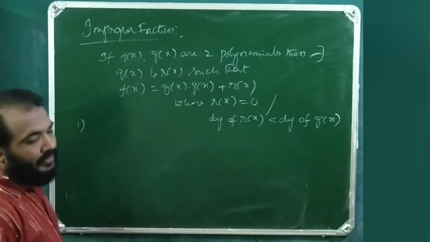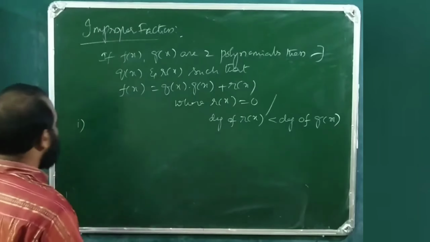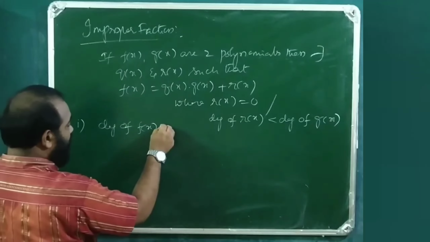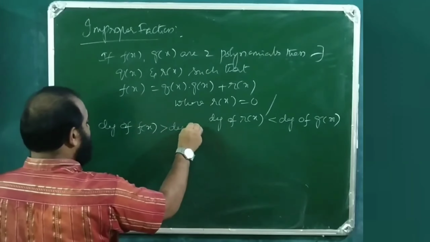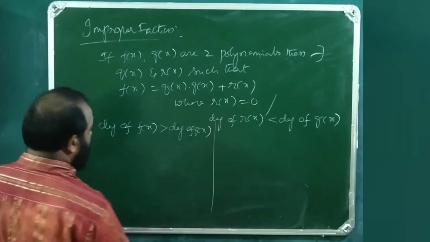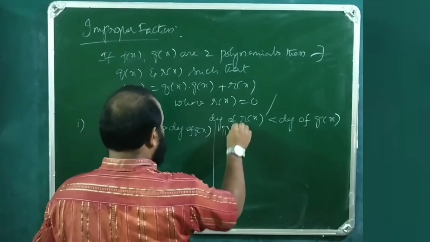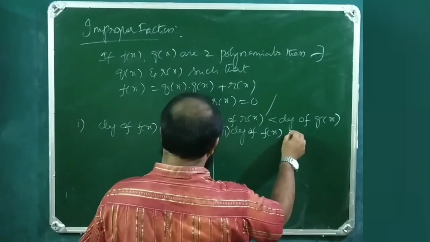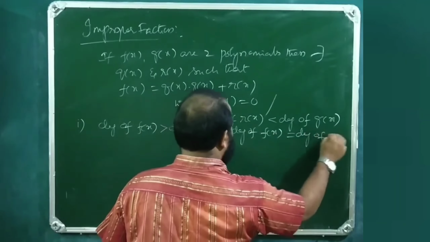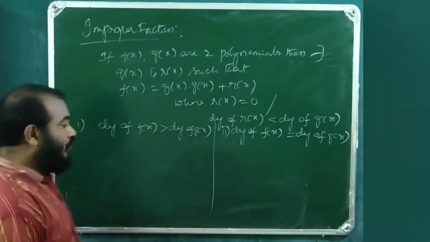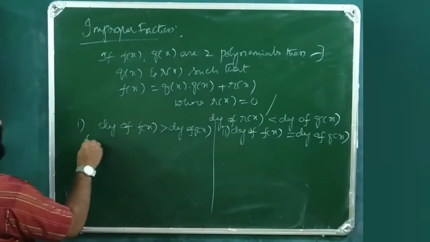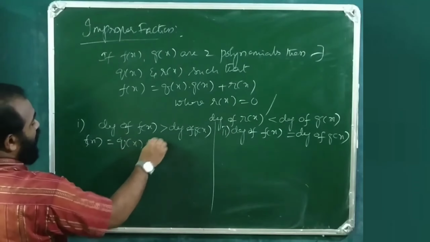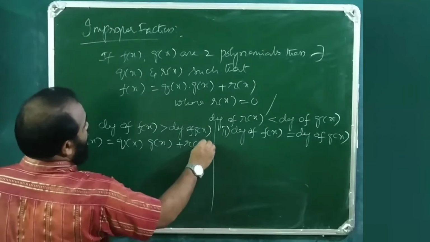So here two cases arise. The degree of f of x is greater than the degree of g of x, or the degree of f of x is equal to the degree of g of x. Here f of x is equal to q of x into g of x plus r of x.